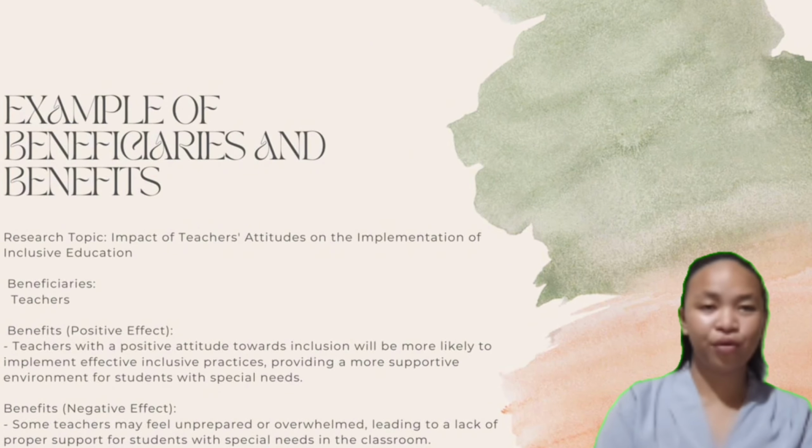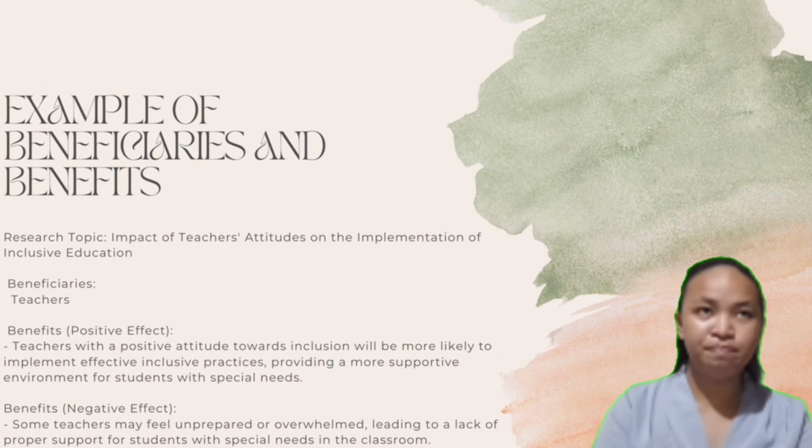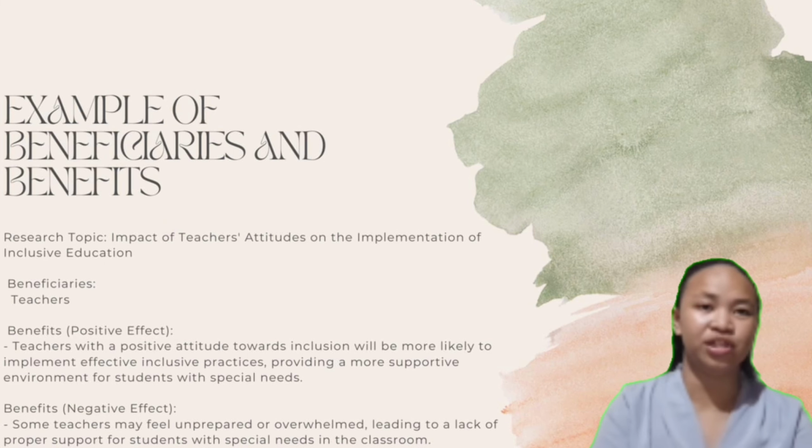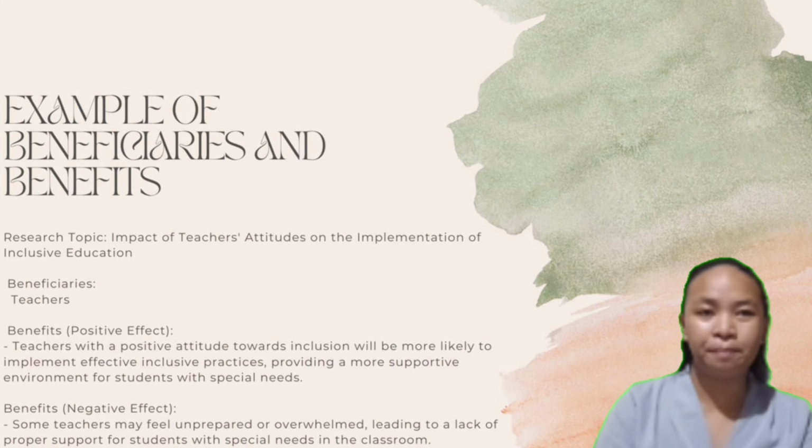To understand that more, I will provide you an example. We have here a research topic entitled The Impact on Teachers' Attitude on the Implementation of Inclusive Education. In that topic, we can already identify the beneficiaries, which are the teachers. We have two benefits, the positive and the negative effect.